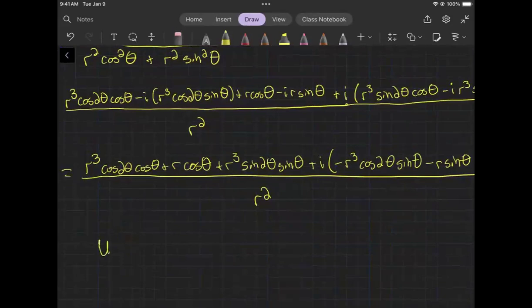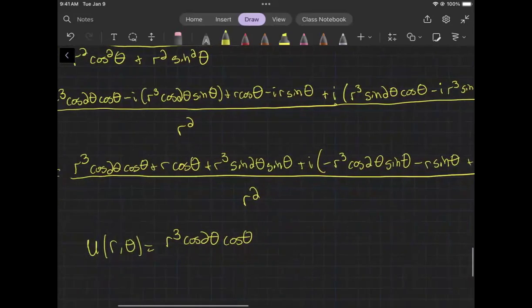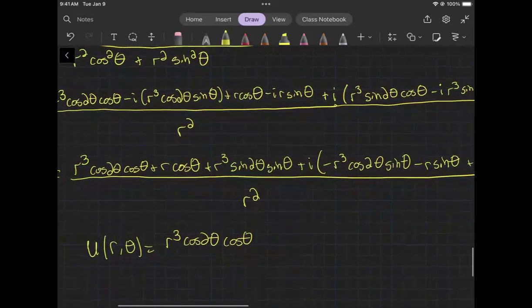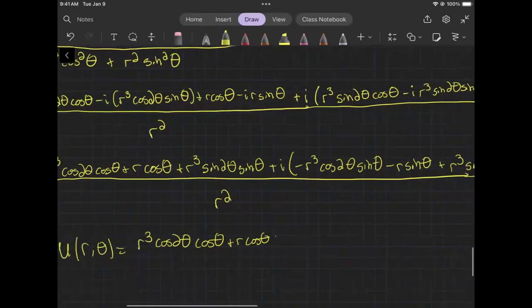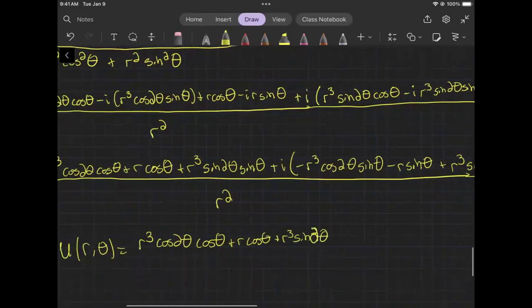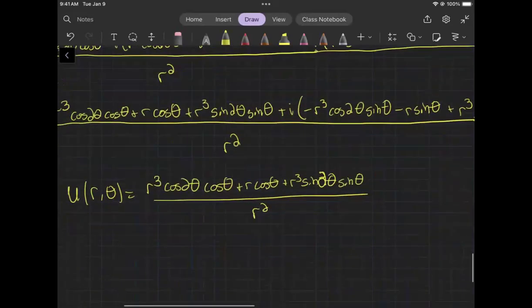Okay, so I'm kind of lazy about simplifying this further, but u of r, theta is equal to, oh my goodness, r cubed cosine 2 theta cosine theta plus r cosine theta plus r cubed sine 2 theta sine theta, over r squared.